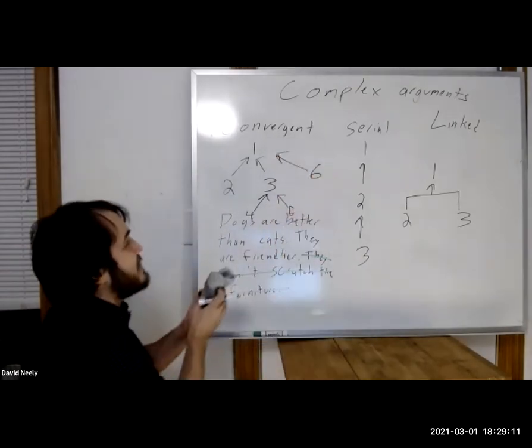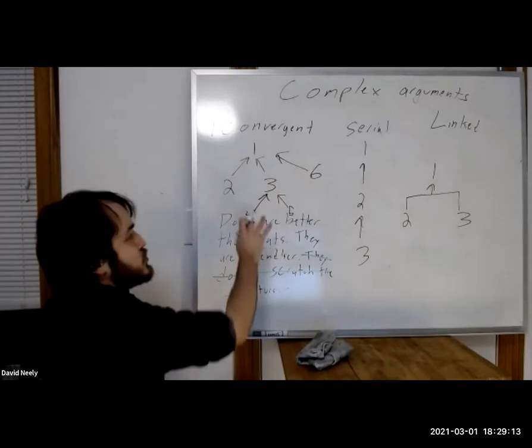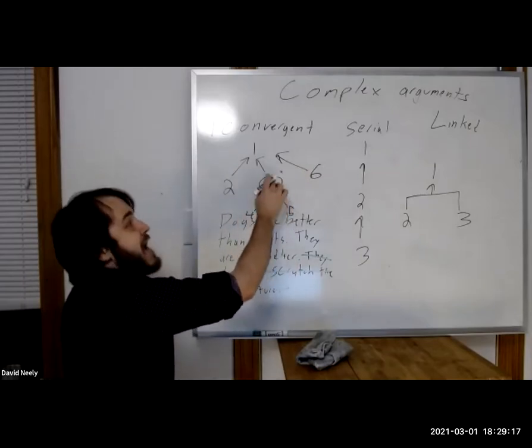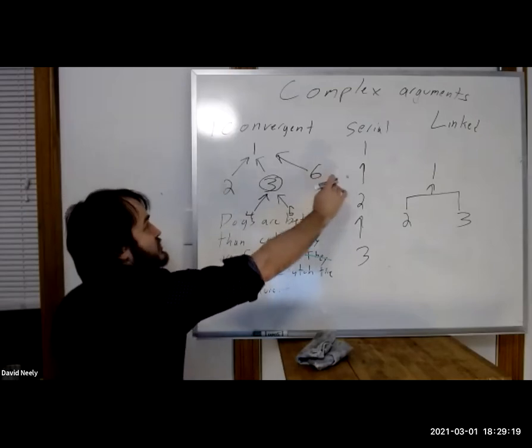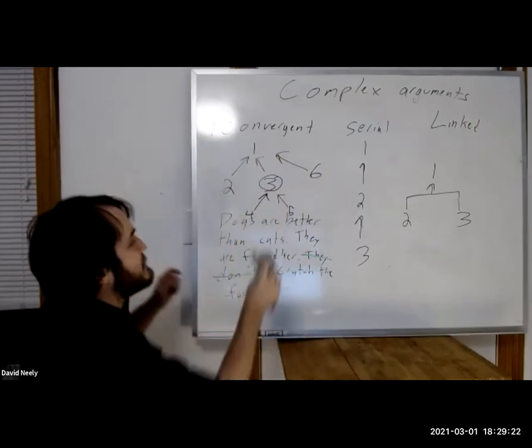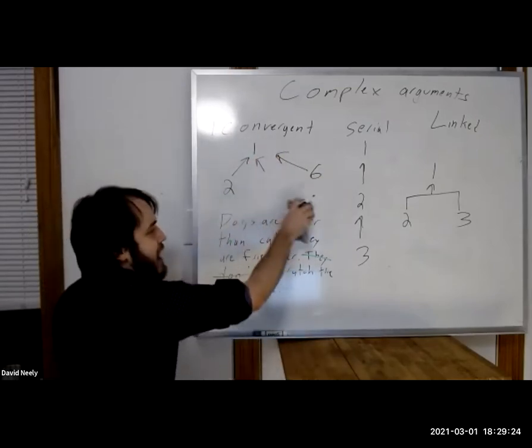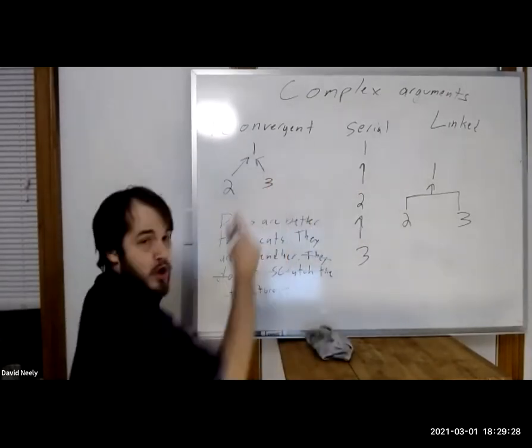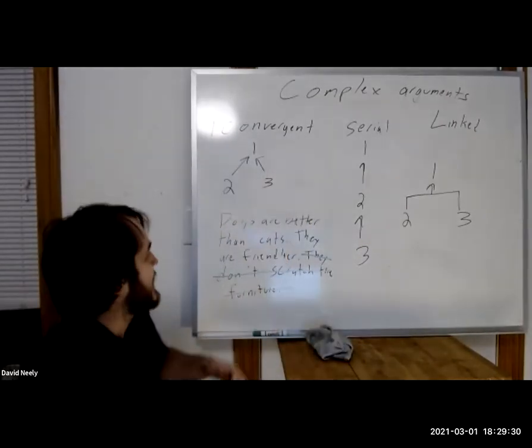You could have convergent premises upon premise 3, and this premise, along with 2 and 6, could converge on that one. So I'm starting out with the simplest version, to learn how the little parts work, and then we'll worry about how they can connect together.